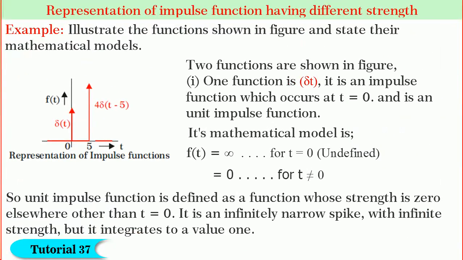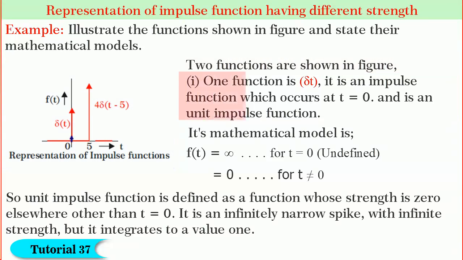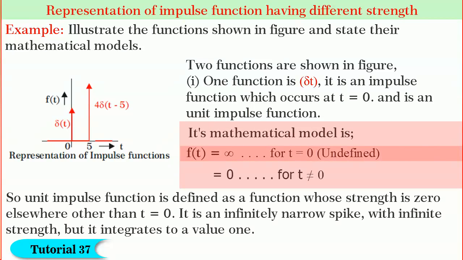Friends, now we shall learn to identify and illustrate the given impulse functions. Two functions are shown in figure. One function is delta t. Observe that it is an impulse function which occurs at t is equal to 0 and is a unit impulse function. Its mathematical model is f of t is equal to infinity for t is equal to 0, which is undefined, and is equal to 0 for t not equal to 0.